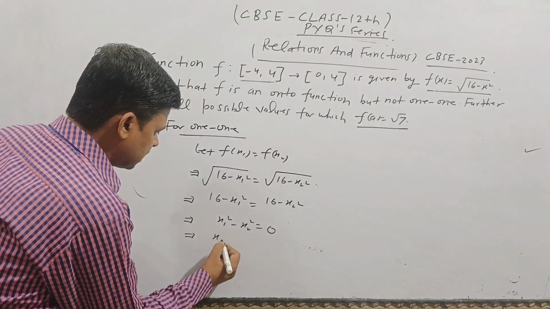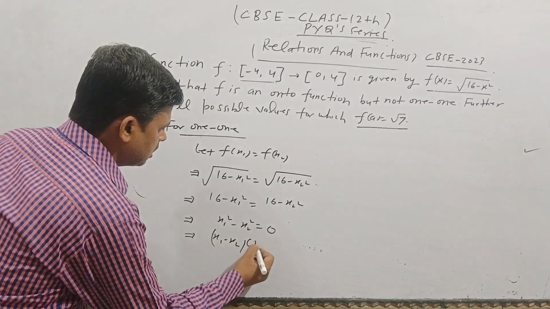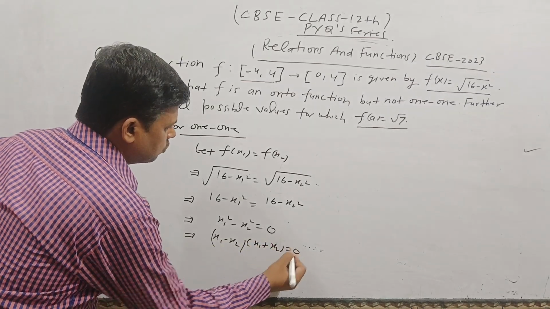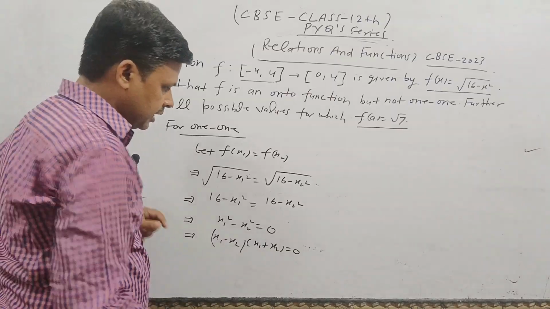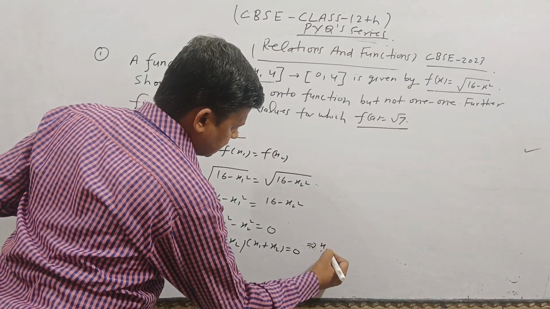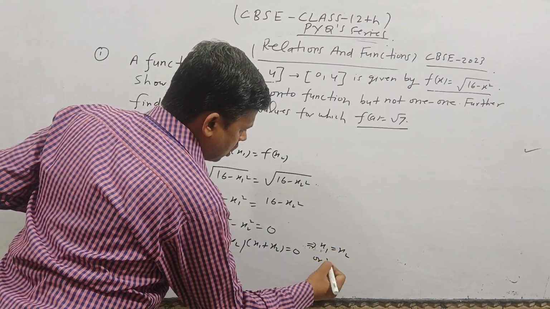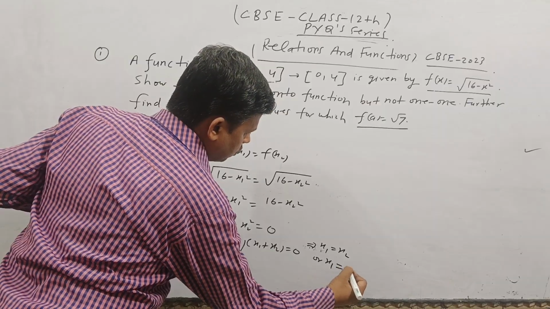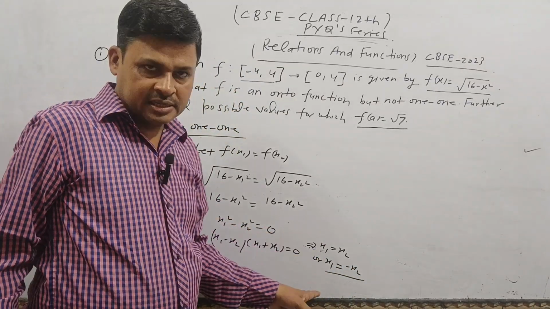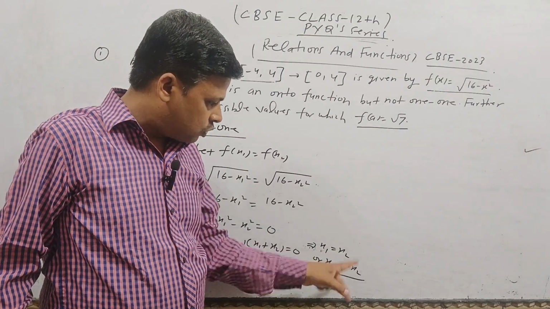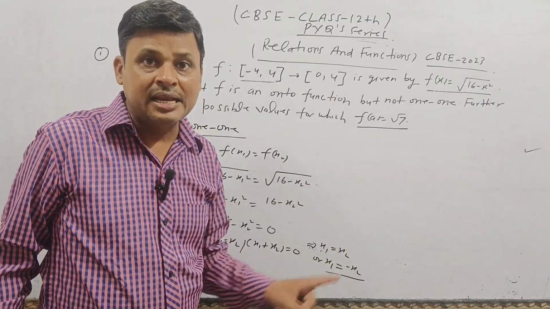In this way, (x1 minus x2)(x1 plus x2) is equal to 0. So either this or this term will be 0. In this way, you can say that x1 is equal to x2 or x1 is equal to minus x2. So here two conditions are there.